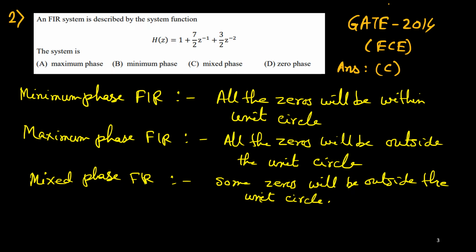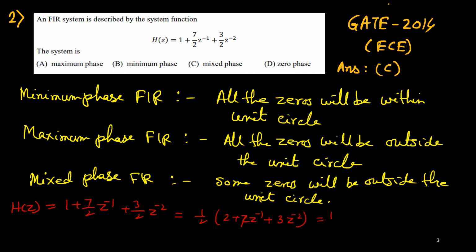Okay, now this H of z is given as 1 plus 7 by 2 z to the power minus 1 plus 3 by 2 z to the power minus 2. Okay, so this is half we can consider. It is 2 plus 7 z to the power minus 1 plus 3 z to the power minus 2.